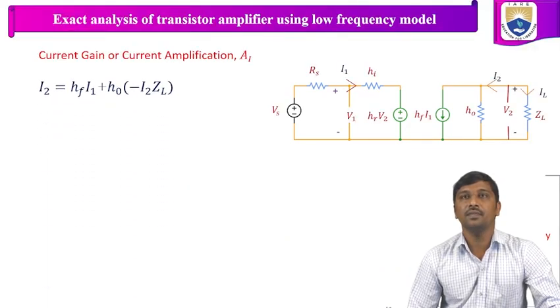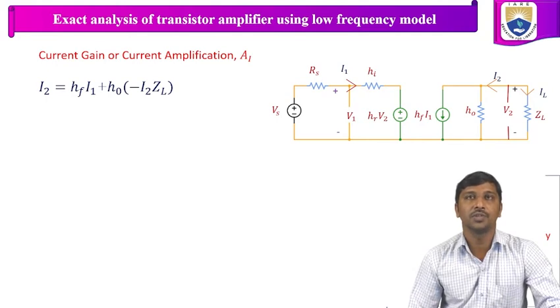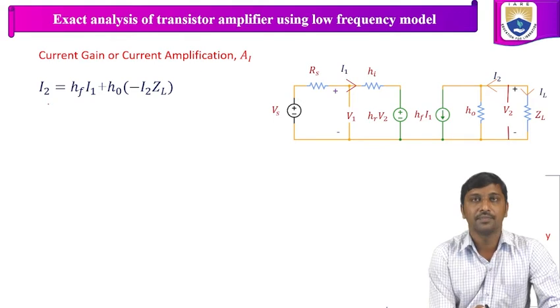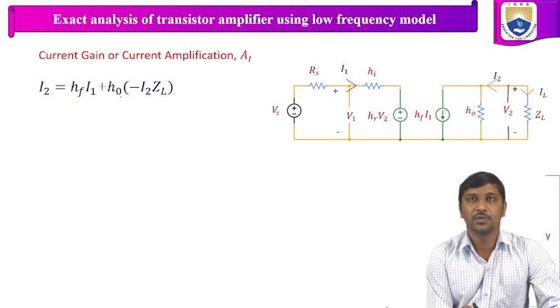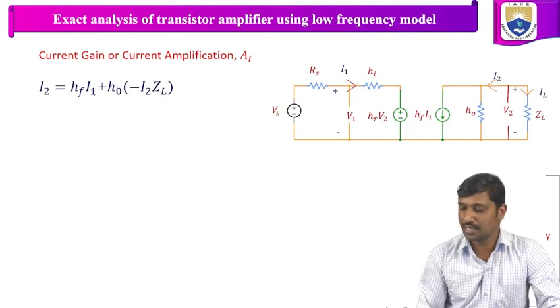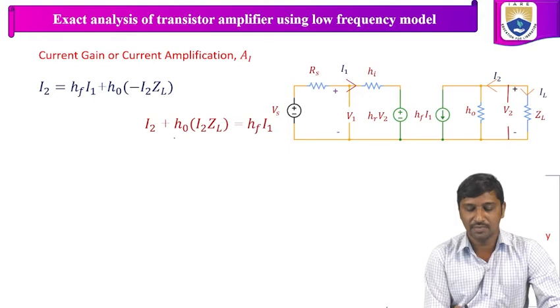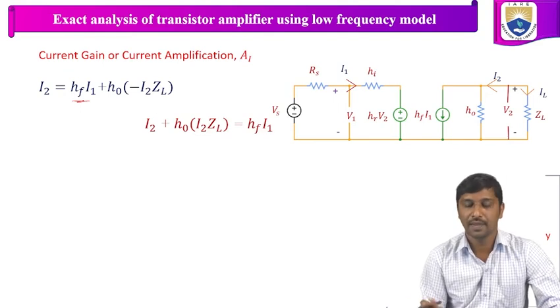Expanding this term, I2 is equal to HF times I1, and plus into minus means minus HO times I2 into ZL. Taking the I2 terms to one side, I2 plus HO times I2 into ZL is equal to HF into I1.